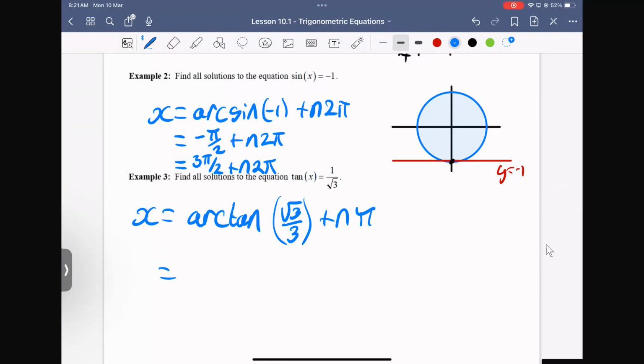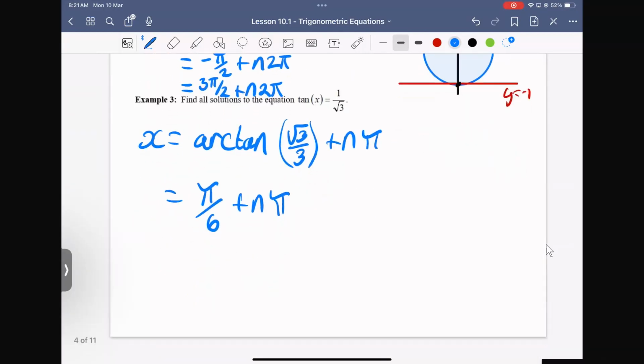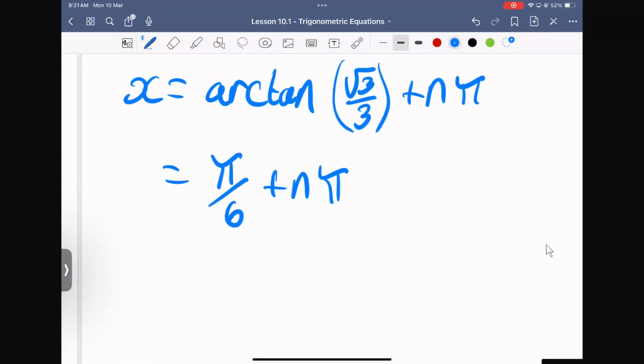Carlos? Pi over 6 plus n pi. A little bit slow there answering.